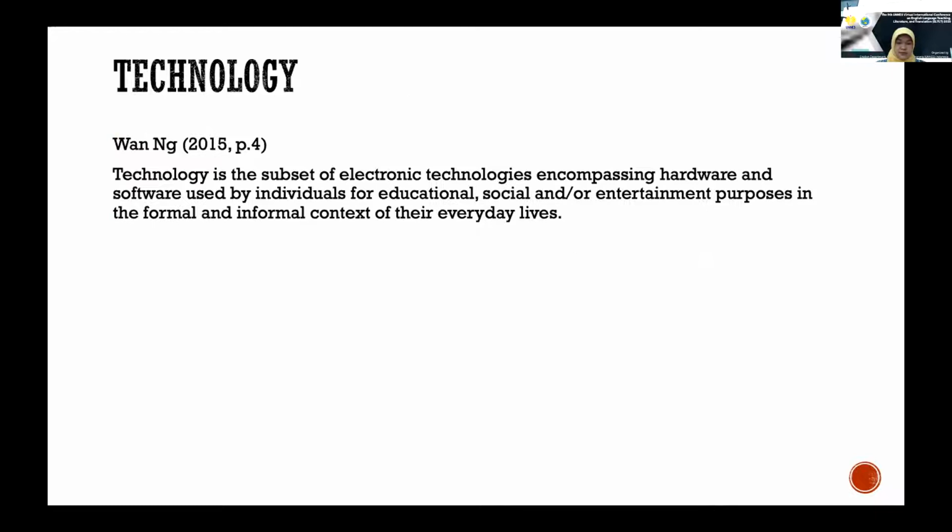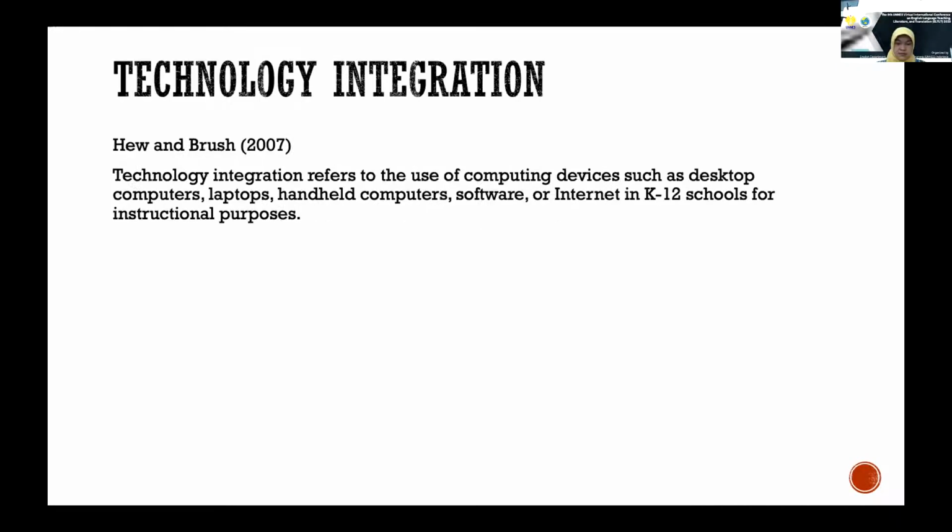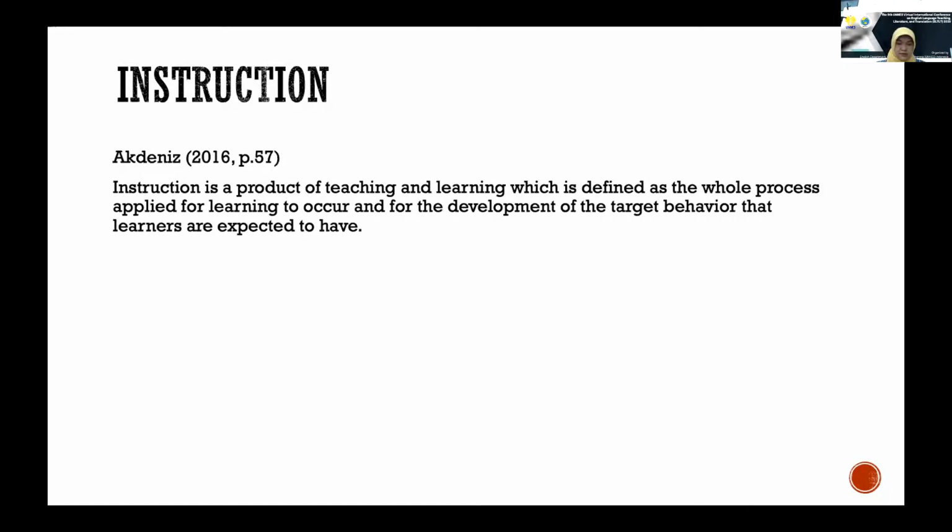Okay, here I also present the terminology that I use in my research, that is about technology, proposed by one author. The second is about technology integration by Hughes and Brass. The third is the definition of instruction.